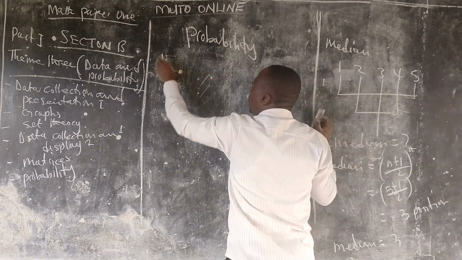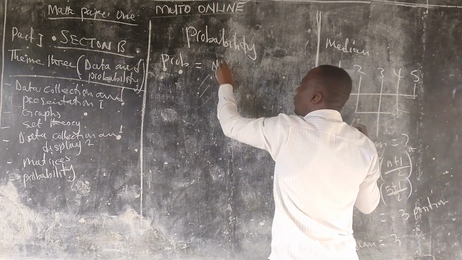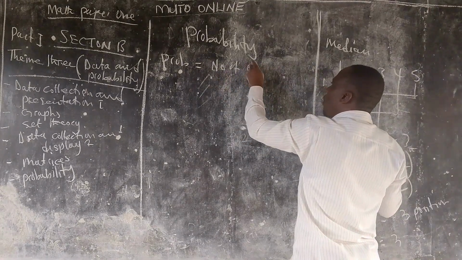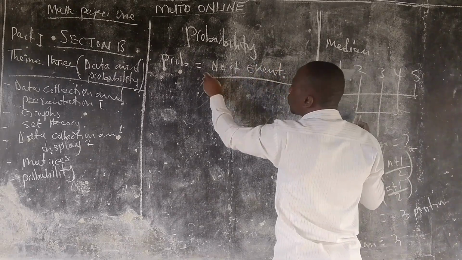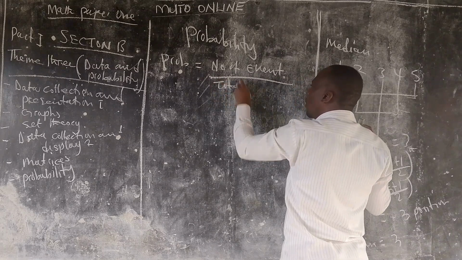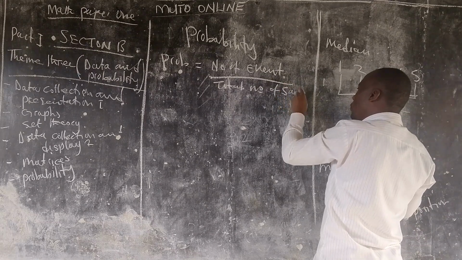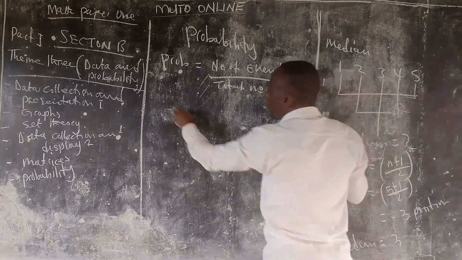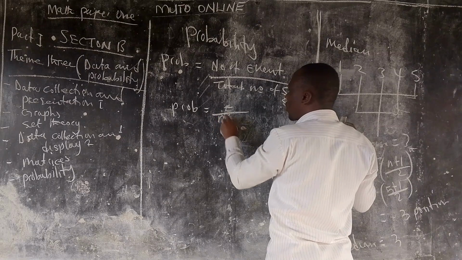We know that probability is equal to number of events out of total number of sample space.